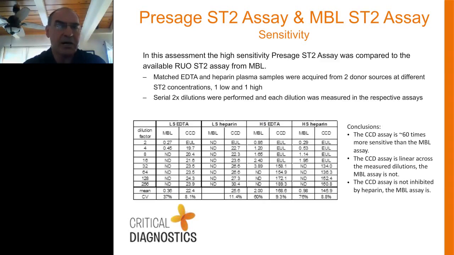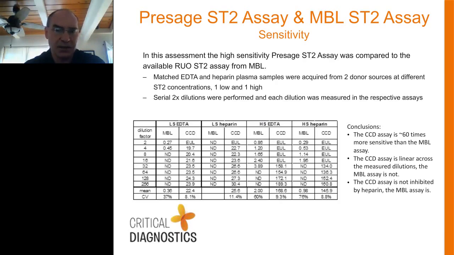So rather than relying on a third-party source of these reagents that we didn't have high confidence in anyway, we produced our own. And in some of our first analyses, we discovered that the performance was profoundly different.